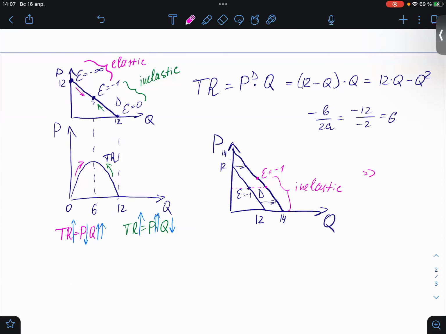That means that demand now is less elastic, because we're speaking about the reaction of consumers to the change in price. And that means for each price, the demand becomes less elastic. Okay, this was point B in number 2.